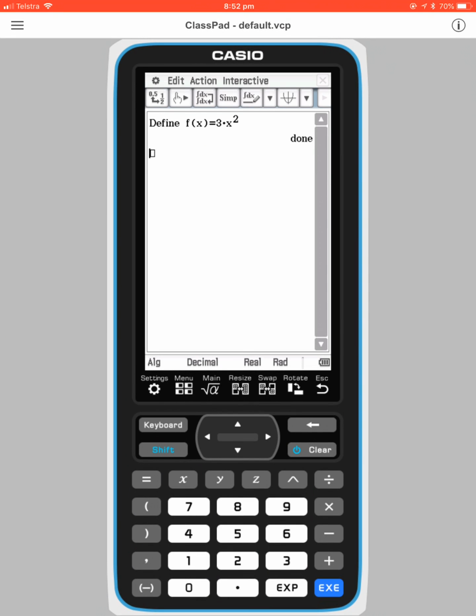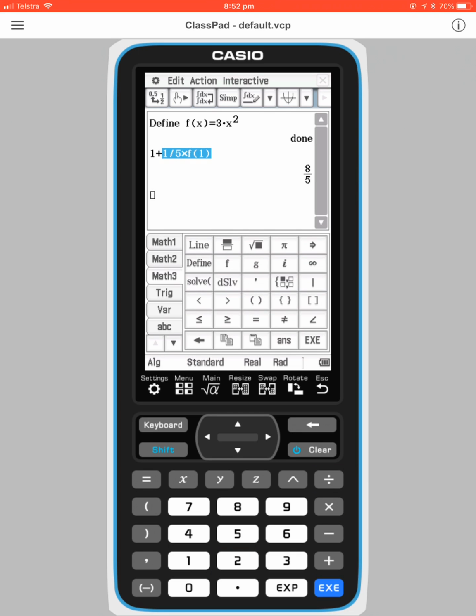Okay, so when we want to evaluate the next one, that will be our previous y value, which is this one, 8 on 5, plus a fifth times our new x value, and our new x value is 1 plus a fifth, which is 6/5. So that gives us 308 on 125, which is what we got here.